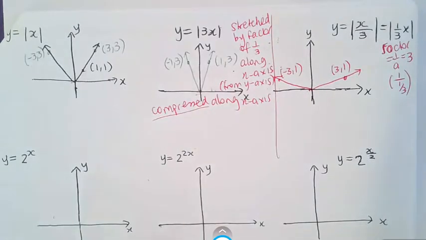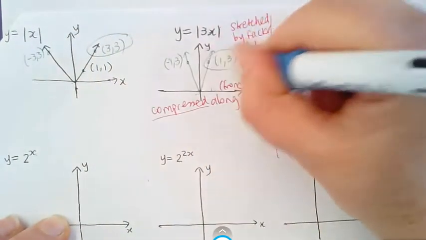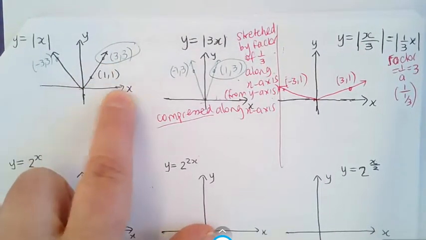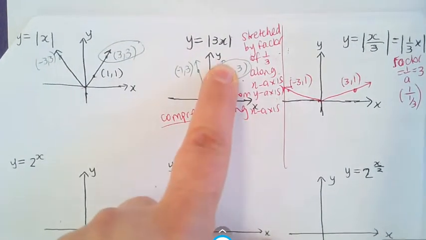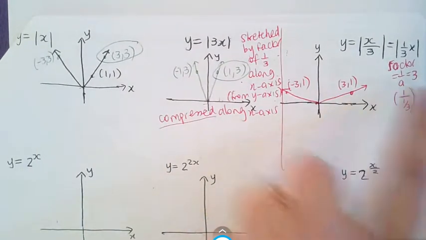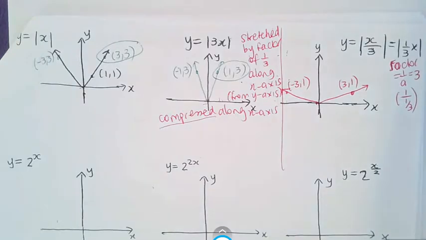Originally, I'm going to circle these in. In the first one, you can see the third there. Now the scale factor is 3. It's been stretched by a factor of 3.